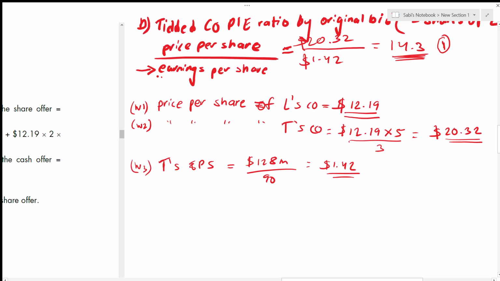Now under the 3 scenarios you need to find the PE ratio, right? So shall I use a different pen? I think it will be easy, right?